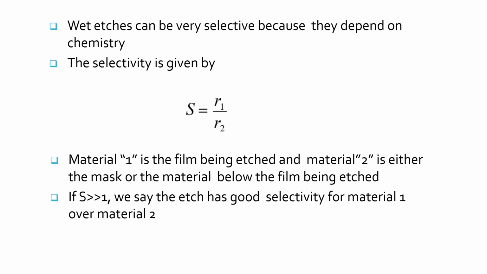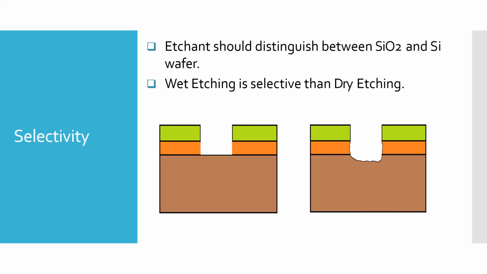If S is bigger than 1, we can say that the etch has good selectivity for material 1 over material 2. For example, an etchant should distinguish between the SiO2 and Si wafer. Usually wet etching is selective, meaning that it can prevent the etchant from penetrating into the substrate. However, dry etching cannot distinguish between the SiO2 and Si wafer.